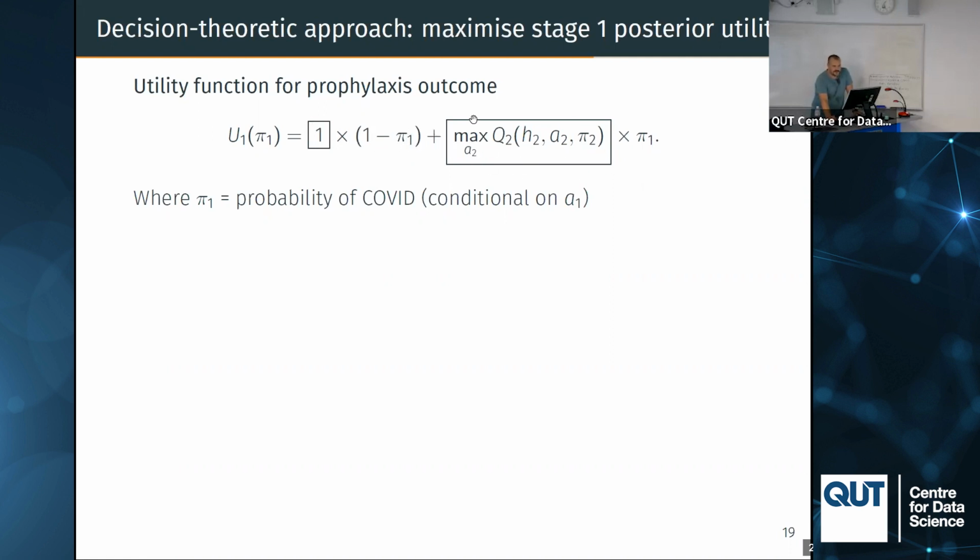And the difference here is that we include the maximum expected posterior utility as being the outcome for having COVID, because once you have COVID, you either live or die. And so we have a value here of the utility, assuming that you make the best decision in the next stage, and that's weighted by the probability of developing COVID.